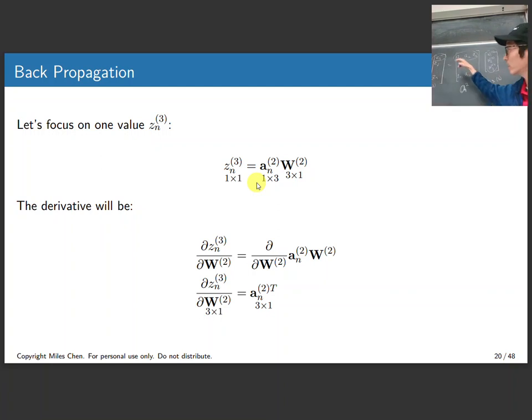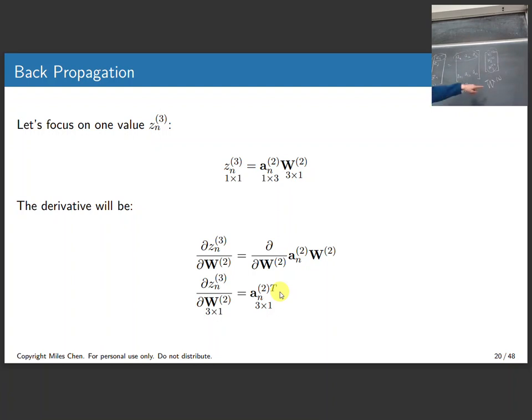What is the gradient of this with respect to changes in W2? Using our derivative rules, this becomes just An2 transpose.